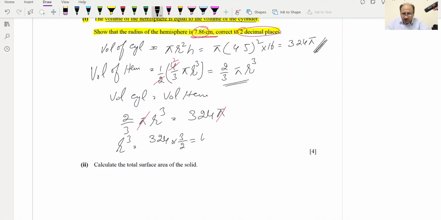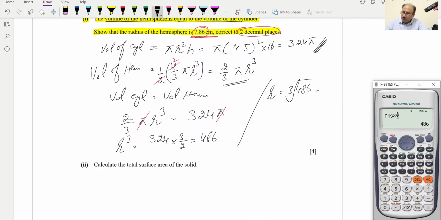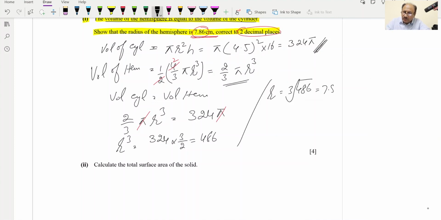Now 486 is the value of r cubed, so r is equal to the cube root of 486, which is 7.8622. So we can write 7.86. This is what we needed to show, 7.86 centimeters.